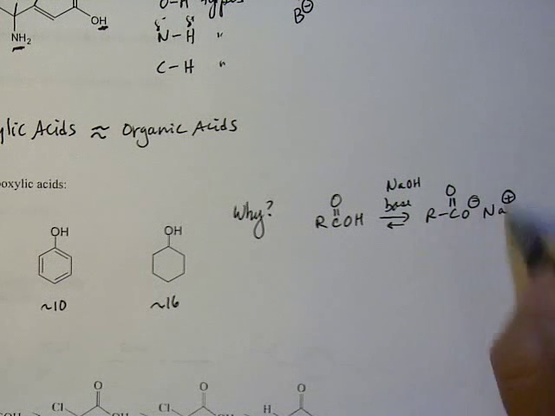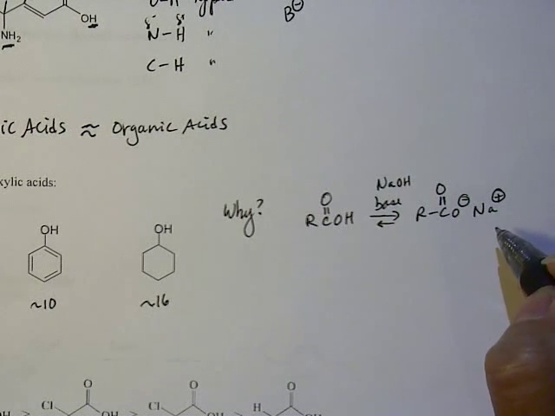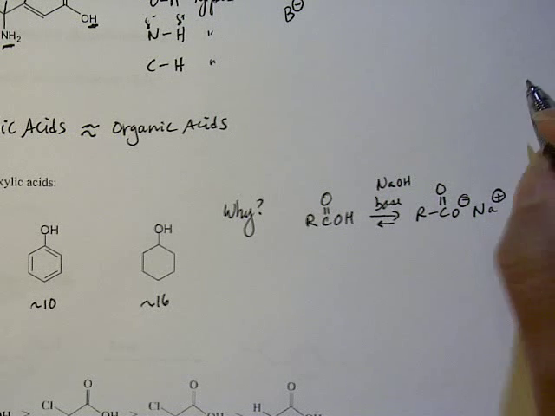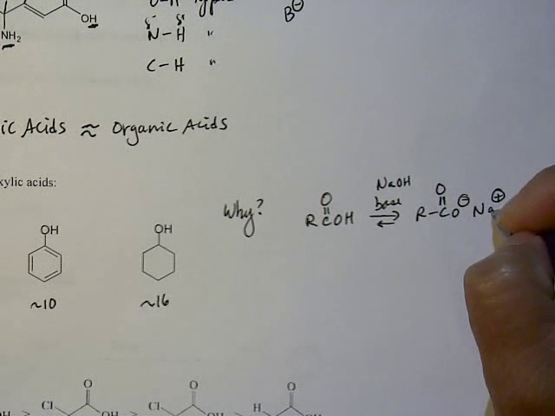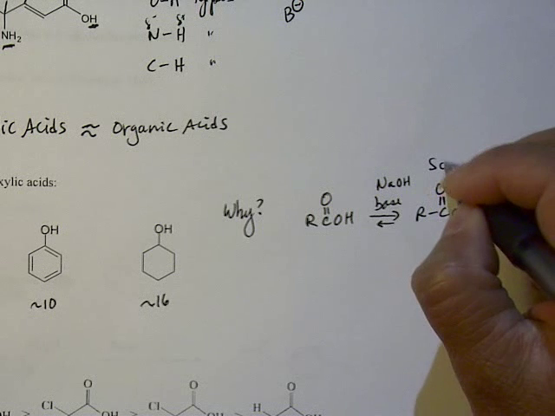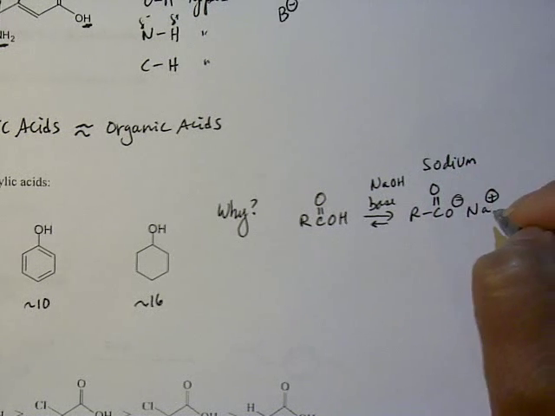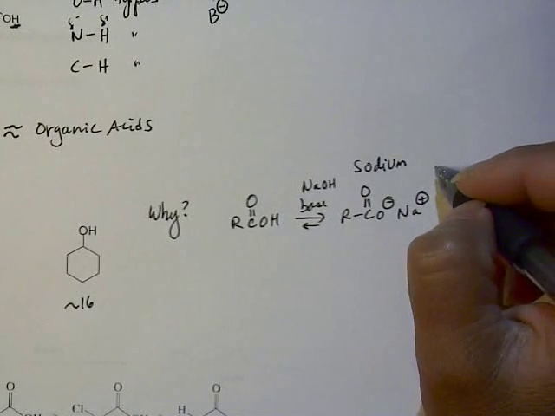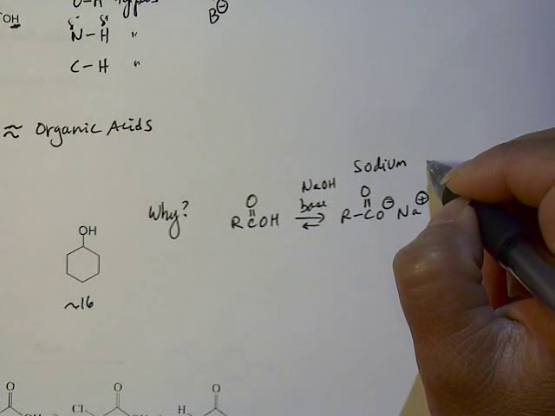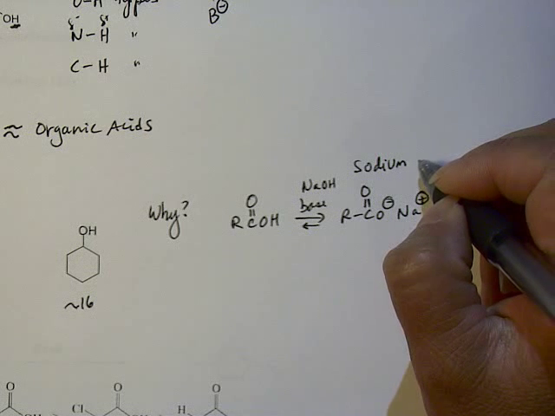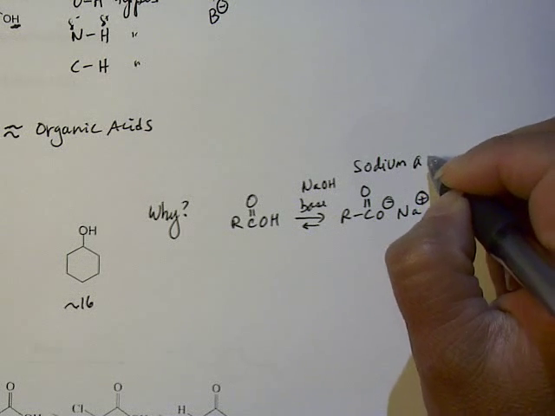And by the way, these deprotonated carboxylic acids are named differently. You name the sodium, the metal, first, and then whatever the acid would be, instead of using "oic acid," it ends in "ate." So, for example, sodium acetate.